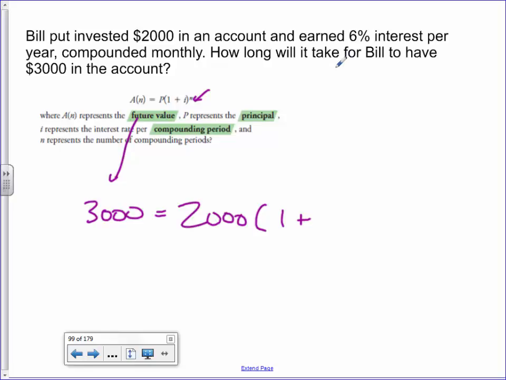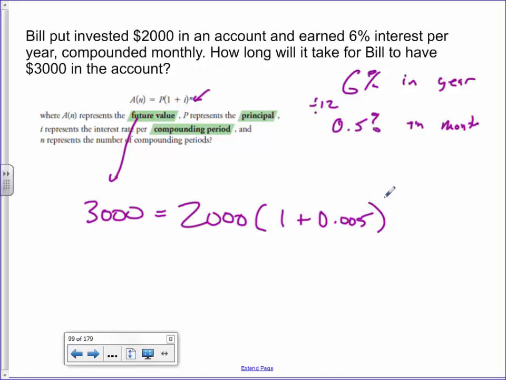Divided by 12, you're right. 0.5%, because you got to divide by 12 because there's 12 months in a year. Now that's 0.5%. When you write this I right here, it's got to be 0.005, because you have to write it in its decimal format, not in its percentage format.